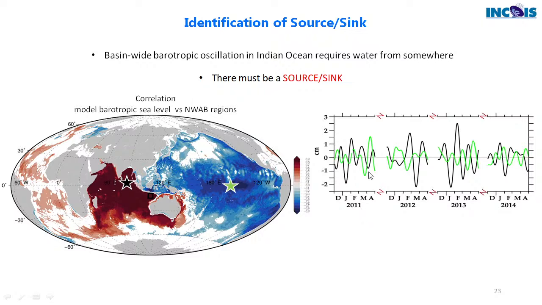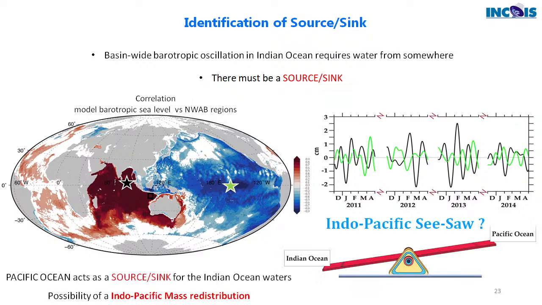The green color is the BPR from the Pacific. Whenever there is a strong signal in the Indian Ocean, specifically around 2011, 2012, 2013, the Pacific Ocean BPR, or the sea level in the Pacific Ocean, goes down. That means whenever there is a rise in sea level in the Indian Ocean, the Pacific Ocean goes down, similar to the correlation that we are seeing.